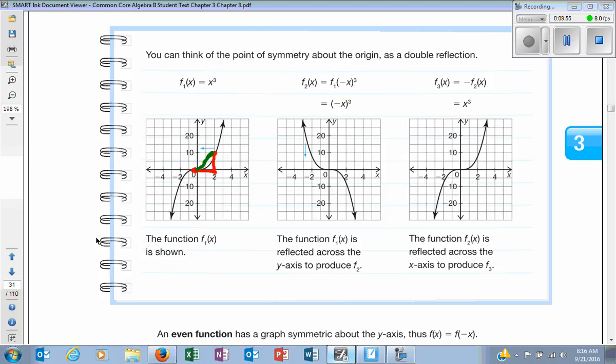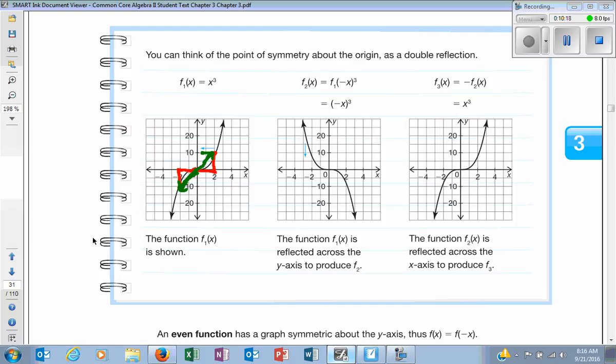But if I went the same distance this way and the same distance down, wouldn't these two distances be the same? Are you following me? Do you see how it said in the opposite direction? Direction meaning this is going this way. Opposite would be going like that.